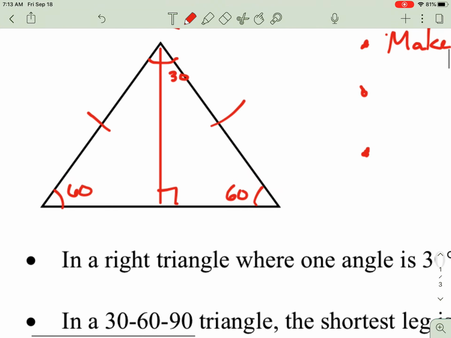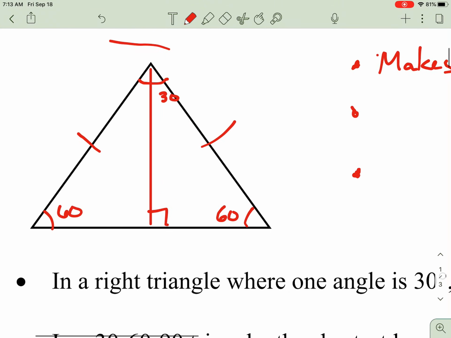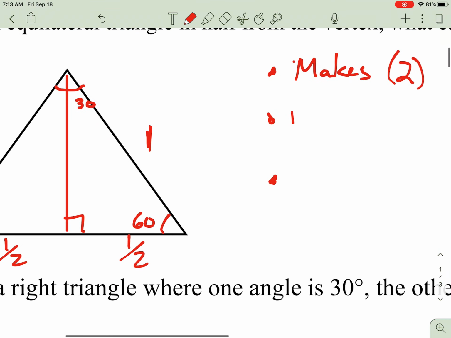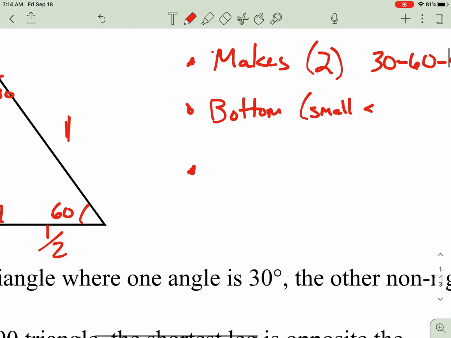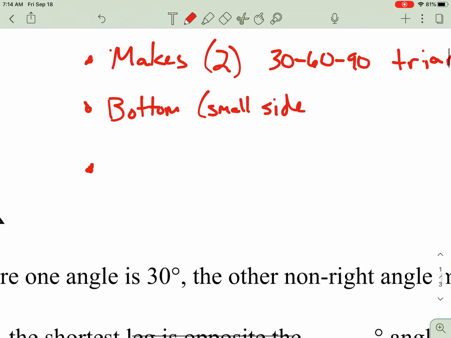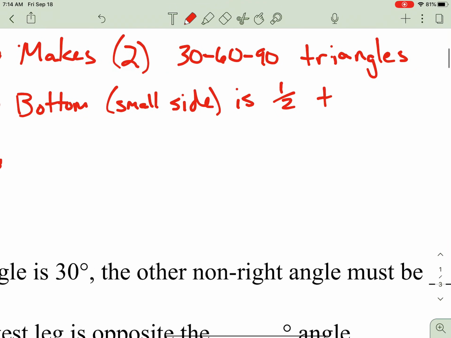Okay, and we also know that if these sides were, let's say, a total of 1 unit long, well, then now it would make it half a unit, right? So the bottom, or the small side of the triangle, is half the hypotenuse.